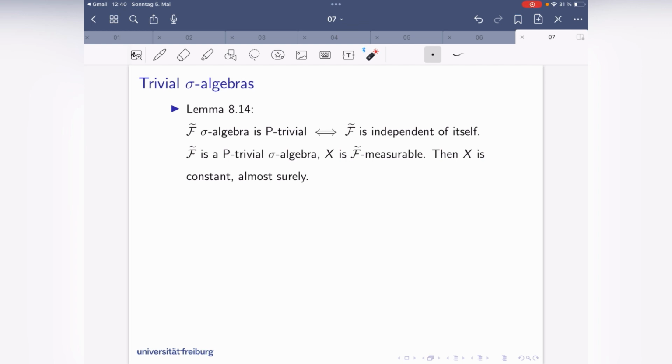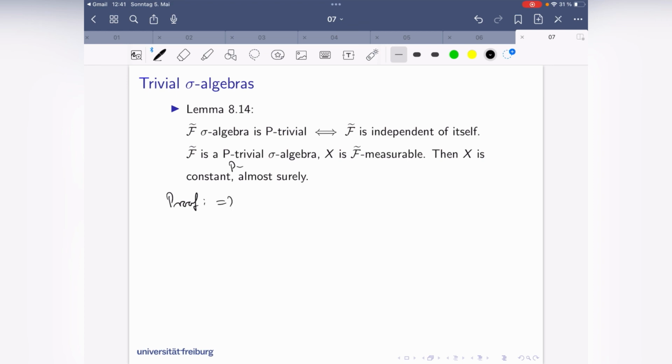And the second thing is, if something is measurable with respect to a P-trivial sigma algebra, it's almost surely constant. I would have to say P-almost surely here. The proof is not hard.